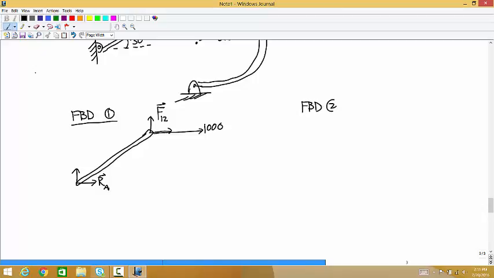Then a free body diagram of member 2. You have the negative force on 1 by 2, and down here you have RB. And no 1,000 Newton force because that's applied to the pin, which is member 1. 3 equations here, 3 here. So that's 6 total equations, 6 variables. So you can solve that.